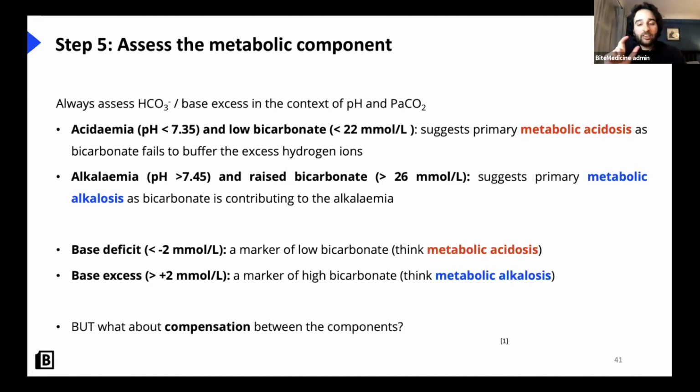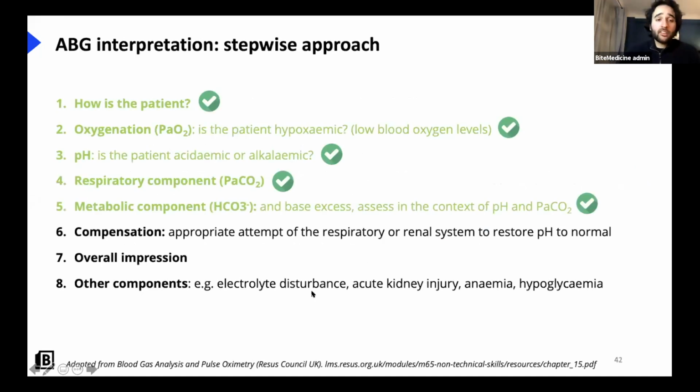We need to keep that pH tightly controlled so that our cells can do all the reactions they need to survive. But how does that compensation work? Compensation is an appropriate attempt of the respiratory or renal system to restore your pH back to normal. And that's the interplay I'm talking about.